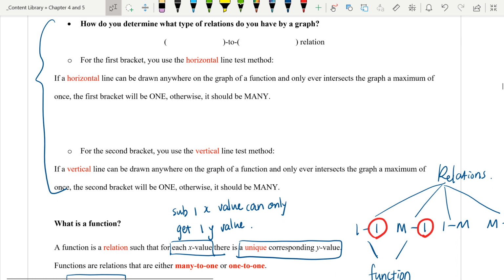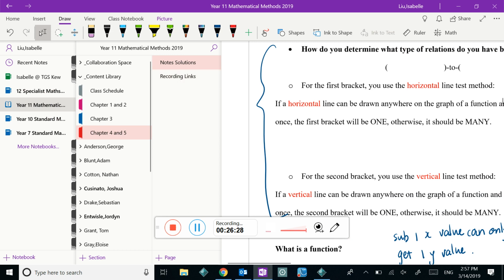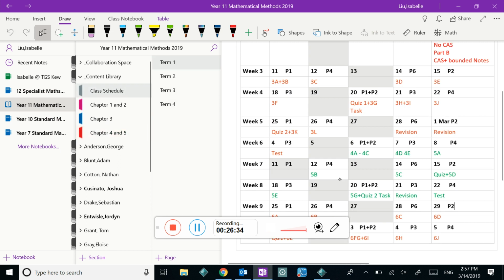Yes or no? Let me check. Yes, then yes. Up to C, up to C. C is the function notation, yeah.